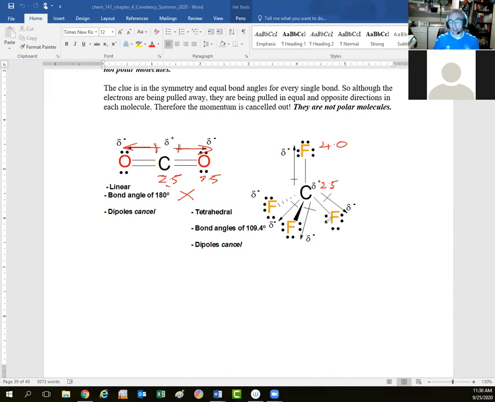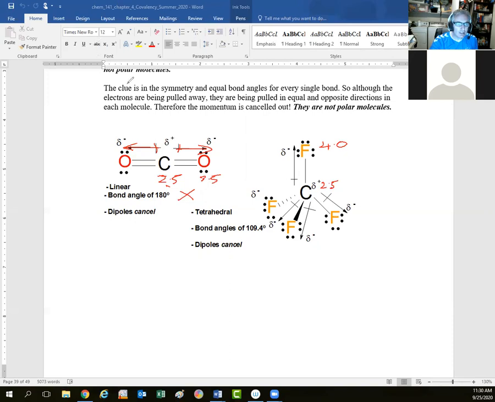There's no polarity to the molecule. So tetrahedral molecules are non-polar when there are zero polar bonds, and when all four bonds are polar. Any other combination, 1, 2, or 3 polar bonds, will make a tetrahedral molecule polar.